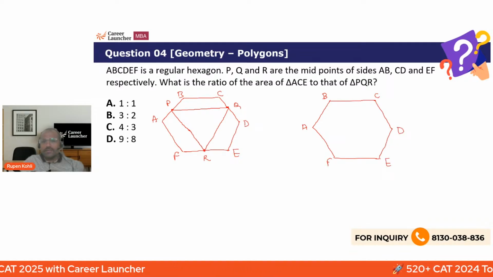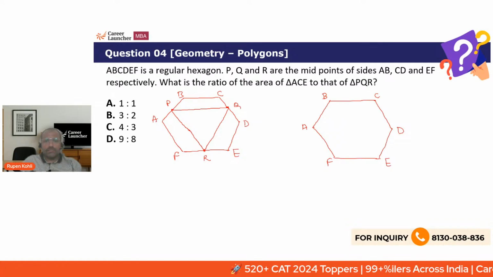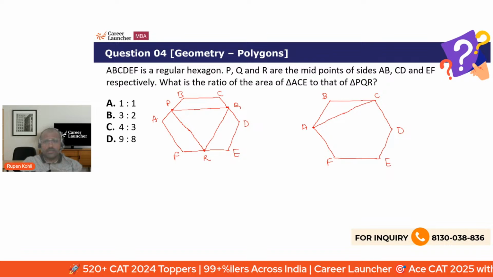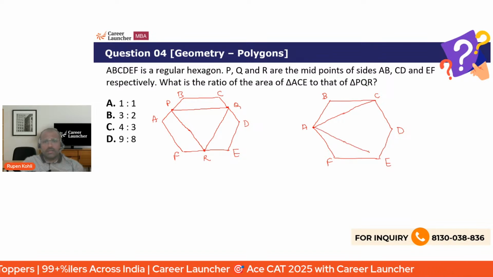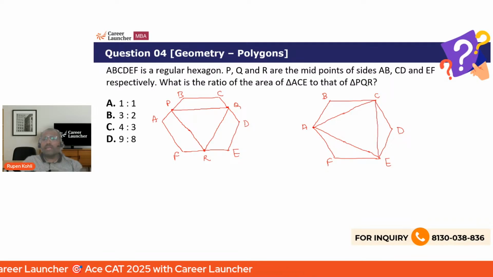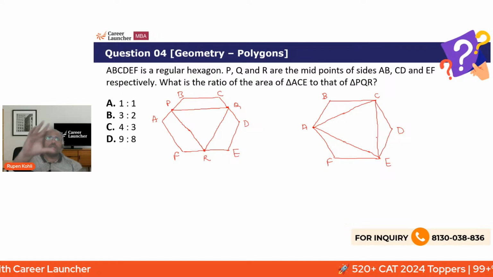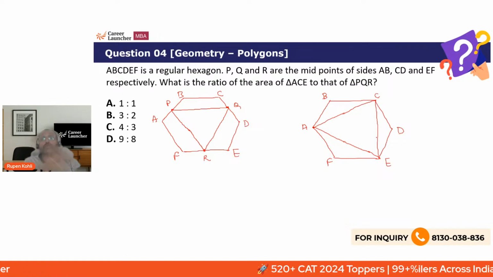Now, in this figure, I'll not draw PQR, I'll just draw ACE because we need to compare the areas of these two triangles. Don't you think, again, by the very symmetrical nature of this figure, this triangle ACE is also bound to be equilateral because each of the three sides are basically the shorter diagonal of a regular hexagon, right?